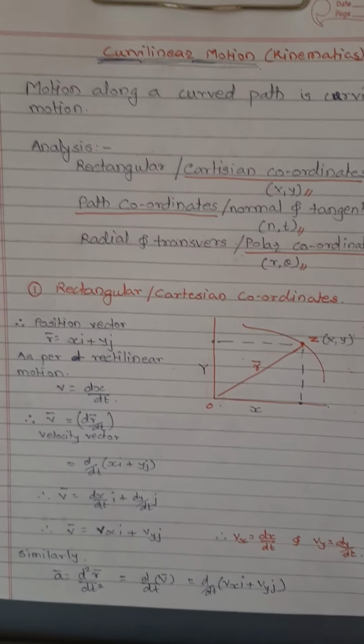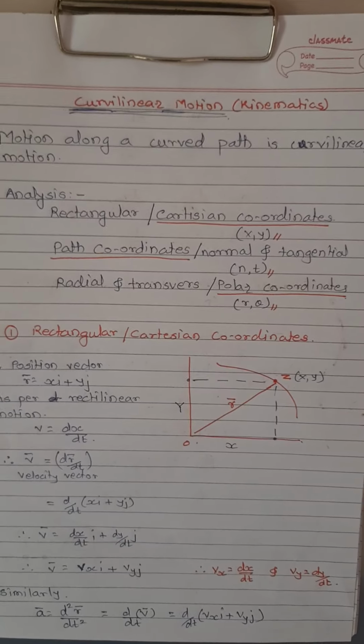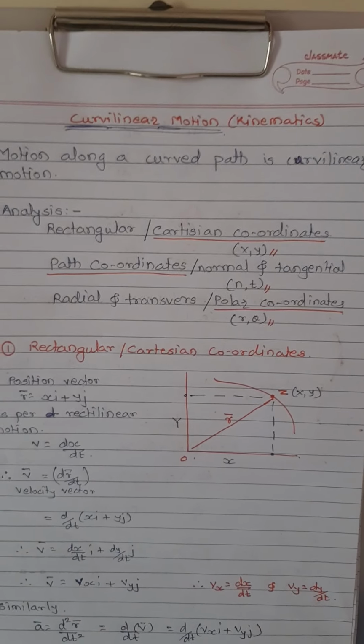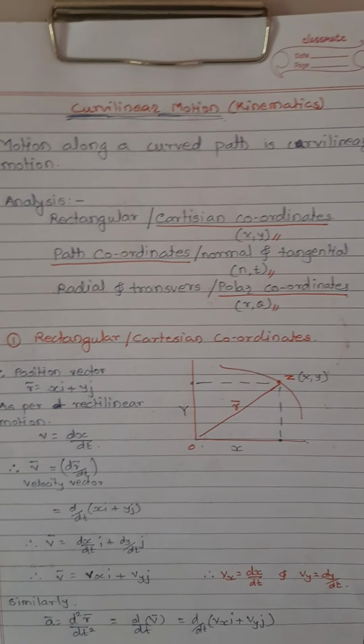What is curvilinear motion exactly? As we said before, if it is rectilinear motion, it has to be the motion along a straight path.